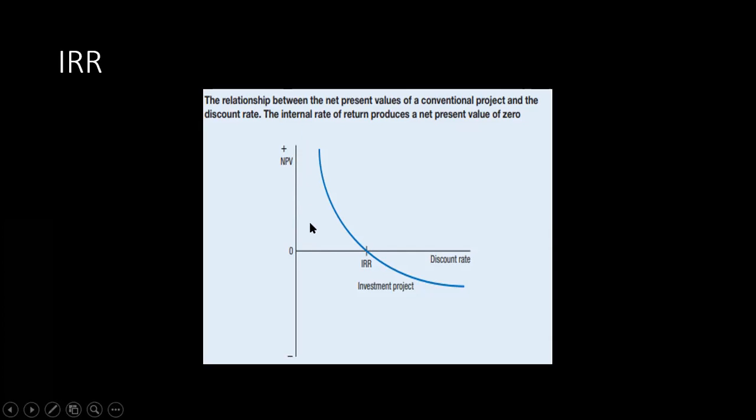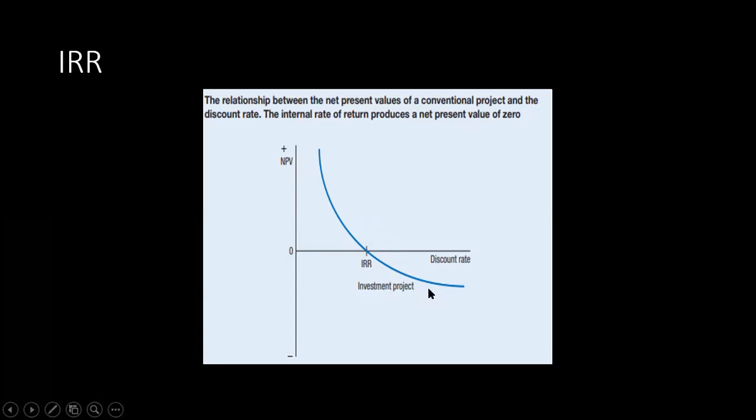As your discount rate goes up, your NPV reduces until it falls to 0, which gives you your internal rate of return.